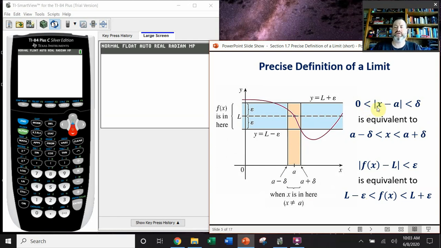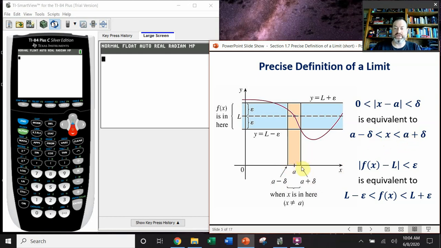So what does it mean? Well, remember the rules of absolute value. You can rewrite this expression as this expression. That's what absolute value does, it's plus or minus. Here's a minus delta, that's this point here.